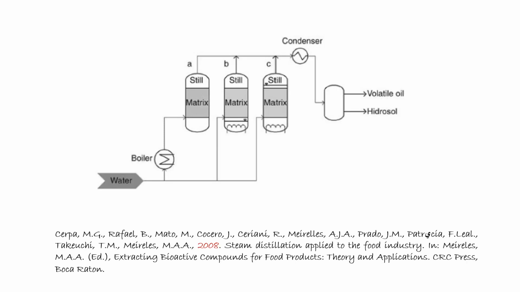Here is an industrial plant sketched for the three different processes. If you'd like to read more, see Steam Distillation Applied to the Food Industry, Extracting Bioactive Compounds from Food Products, Theory and Application. It was published in 2008, so you can read more on that.